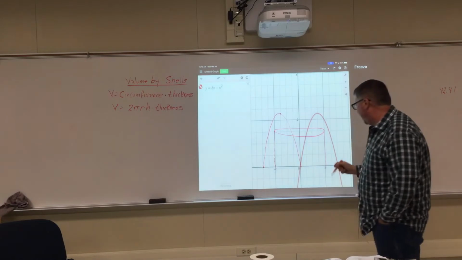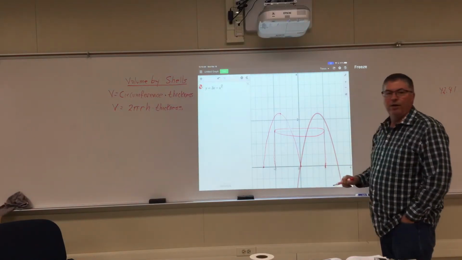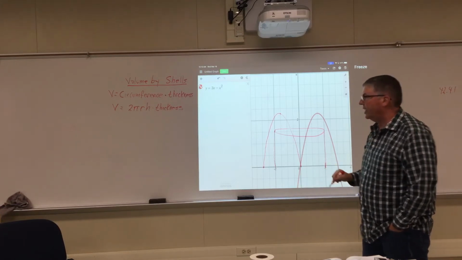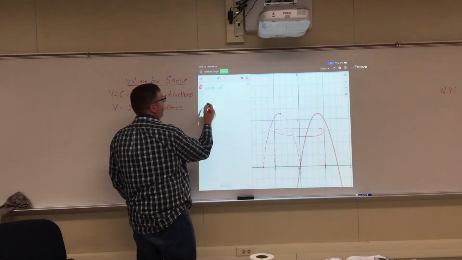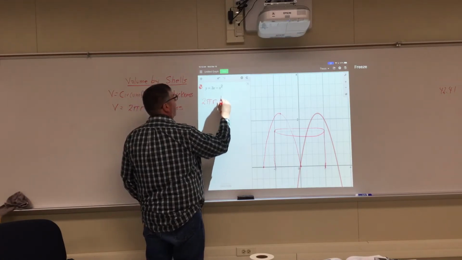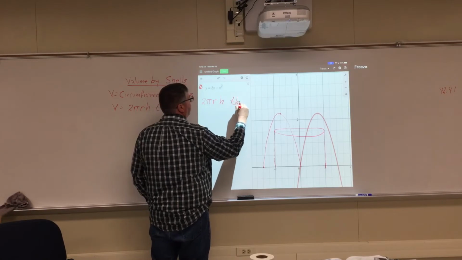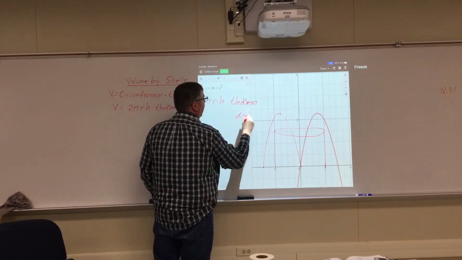So if I go back here and I look at this line I got right here, its thickness is dx. So we can have 2 pi r h dx.